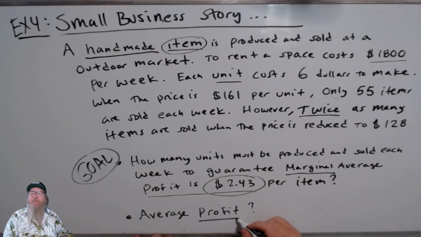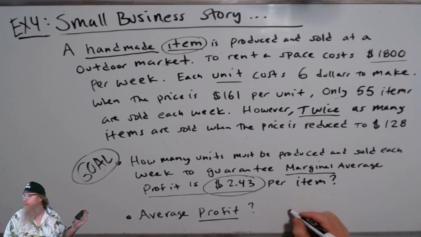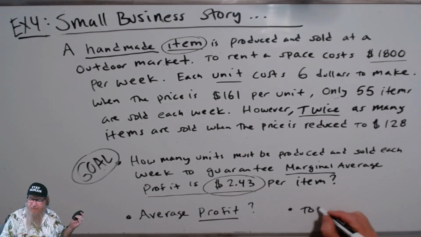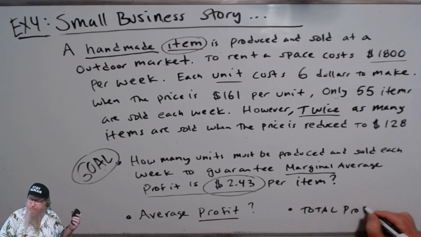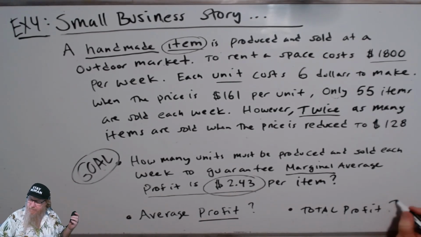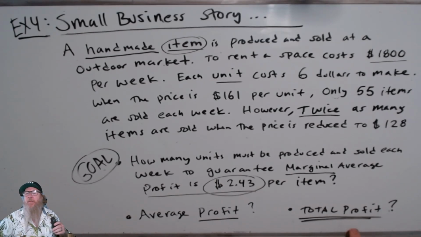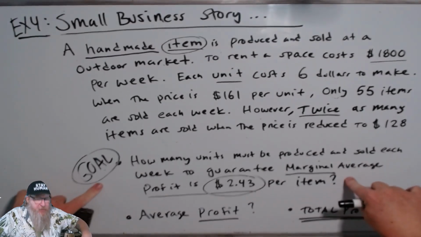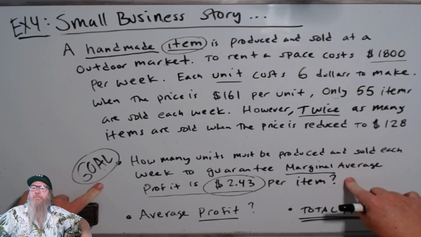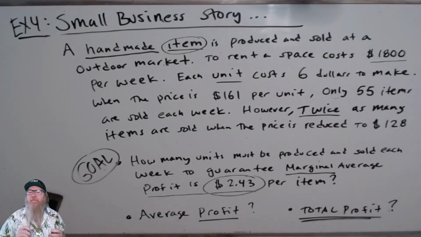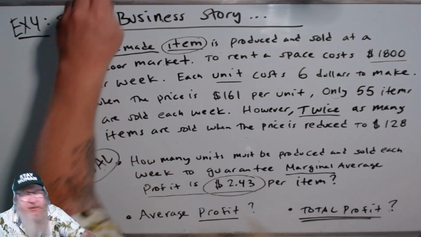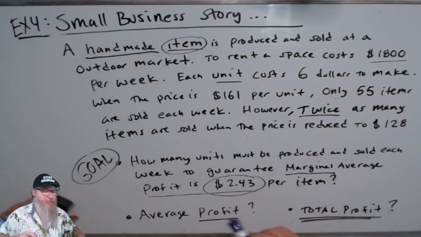I want to know the average profit overall, per unit, and then I want to know the total profit. That's the big one. That's sometimes what we call the bottom line. I can't answer these two questions until I first have this answer. All right, so let's get into this. We got a lot to do in a very short time to do it.